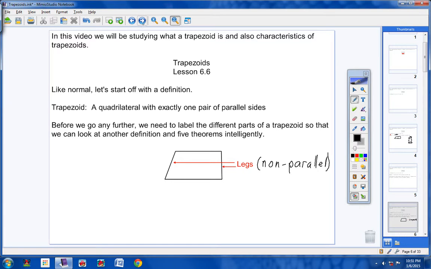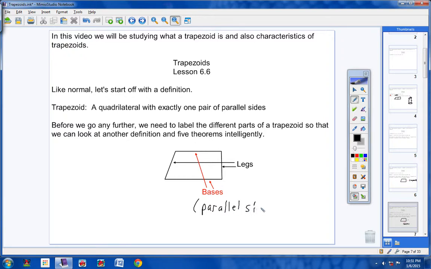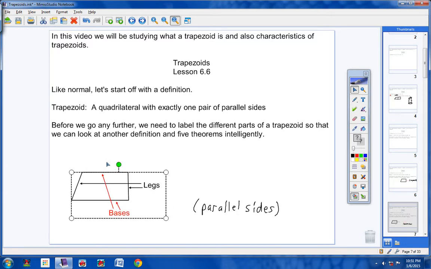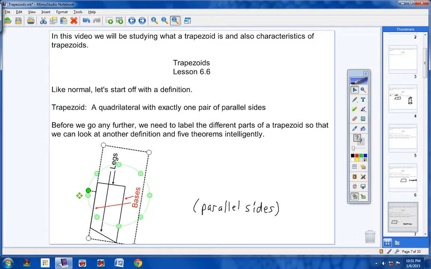Okay, continuing on. Now, the bases are always the parallel sides. Always. Please make note of that. They are always the parallel sides. Okay? Look, it doesn't matter which way you turn this trapezoid. You can turn it like this.